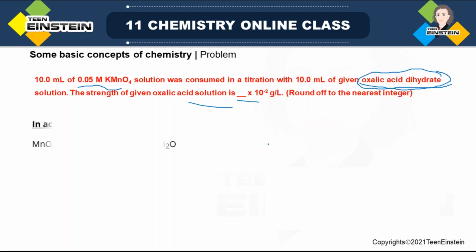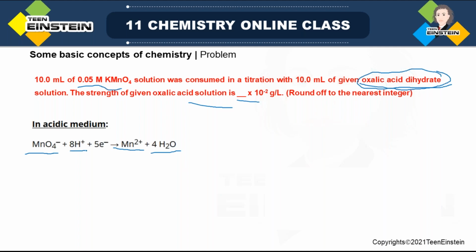Fine. Now in acidic medium, KMnO4 behaves in this way, because it depends whether you have taken acidic medium or basic medium. When it is acidic medium, MnO4 minus is converted to Mn2 plus. And you just have to balance oxygen atoms. So 4 oxygen on the left hand side, it will be 4H2O on the right hand side. When it is 4H2O, it should be 8H plus.